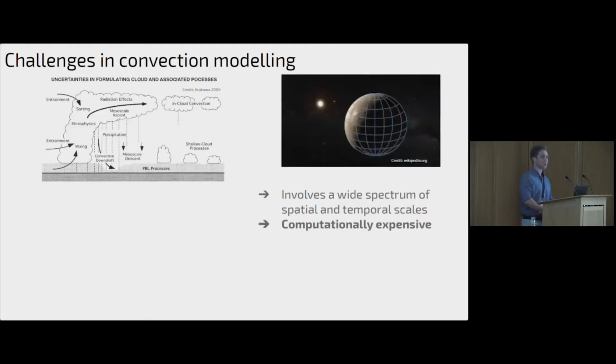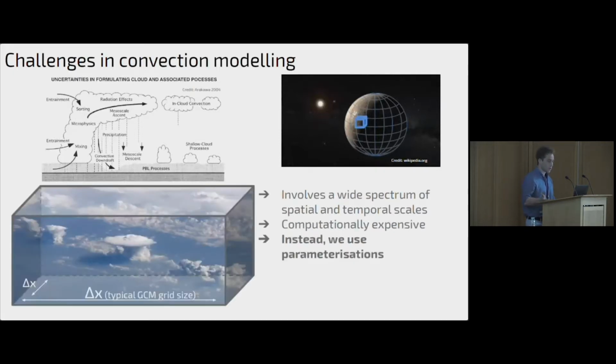And so it is computationally expensive to run global circulation models at a convection-resolving resolution, especially when they're coupled to radiation and chemistry and other components. So what we do is run these GCMs at very coarse resolution instead, and so all the convective processes fall into subgrid scale size, and we have to use parameterizations to account for the net effect of them.